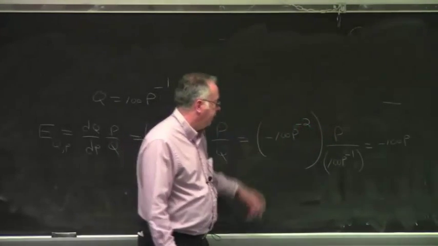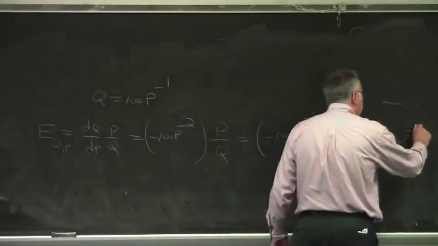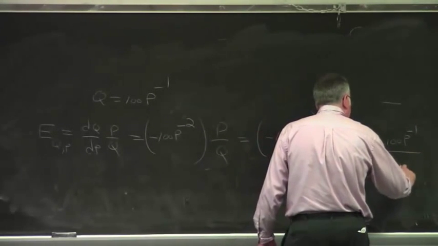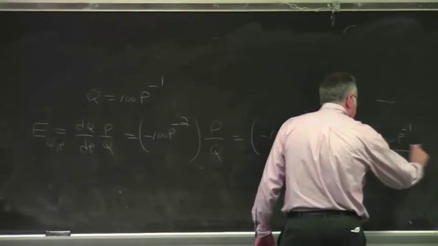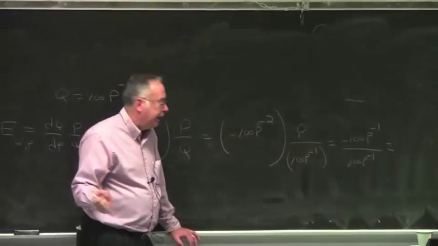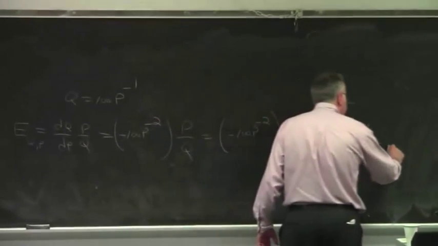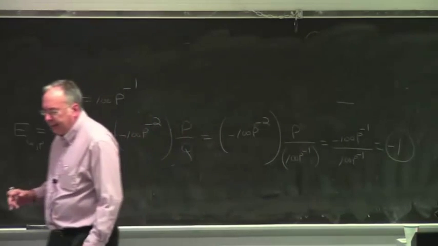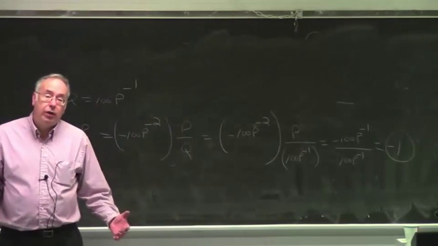P to the negative 1 power. You just add the exponents. But then you're dividing by 100 P to the minus 1. So when you divide these two things, what do you get? Negative 1. Now, in this case, what's interesting is the price elasticity of demand is always minus 1.